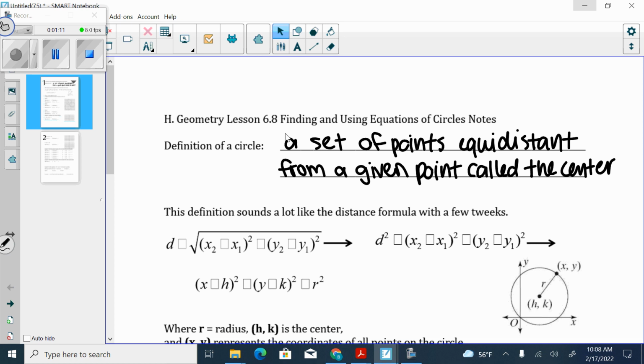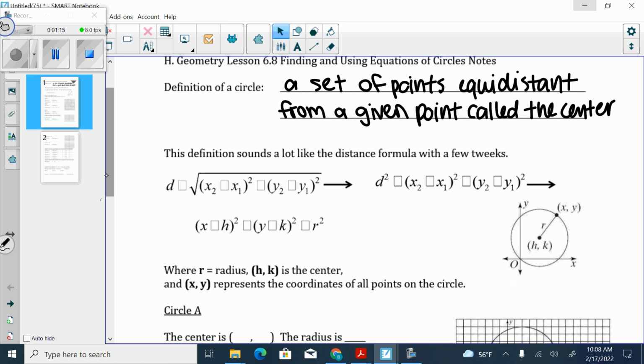This definition kind of sounds similar to the distance formula, but with a few small tweaks made to it. It also doesn't look like this, does it, with the little boxes? I don't know why I messed up, but okay.